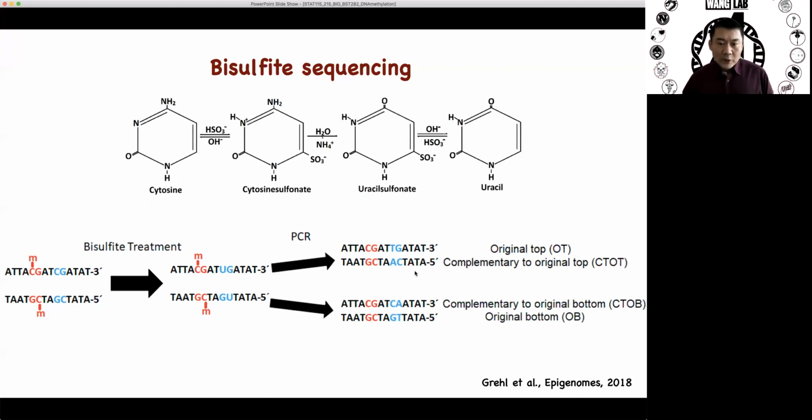So when you sequence, this uracil shows up as a T. When you see a T, your interpretation is that cytosine was unmethylated. But if you see a C, you know that cytosine is methylated. So you get this digital output of methylation level.